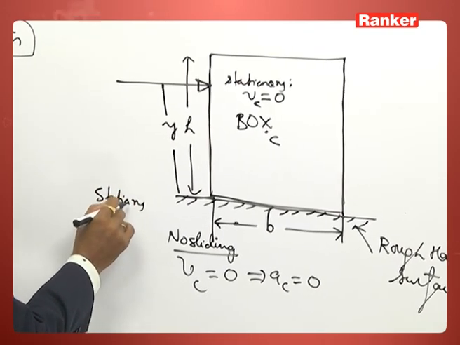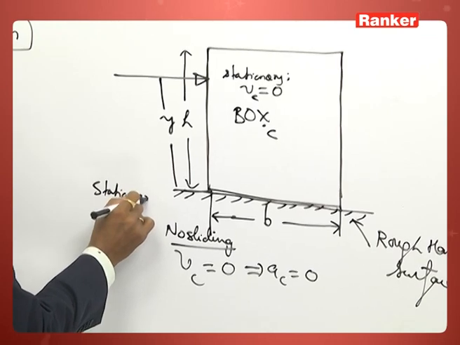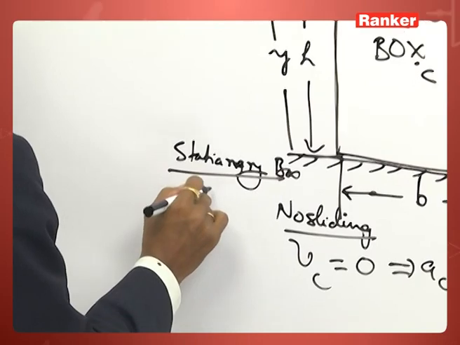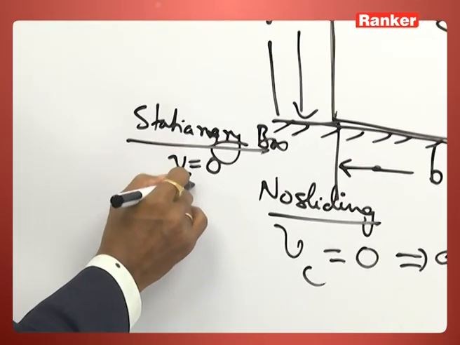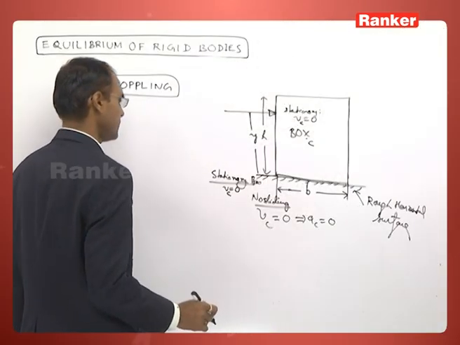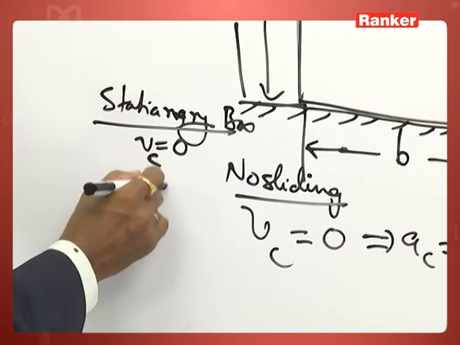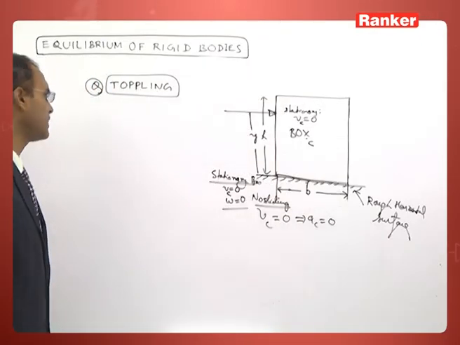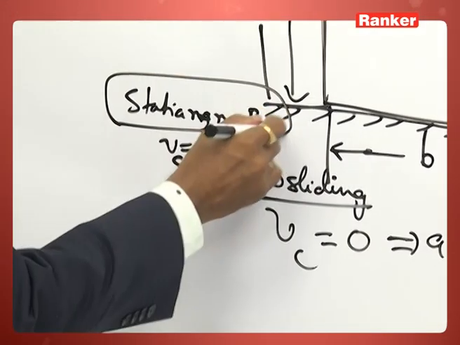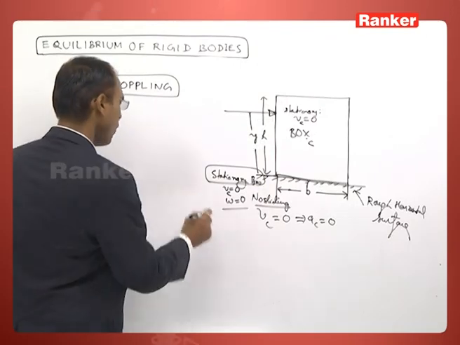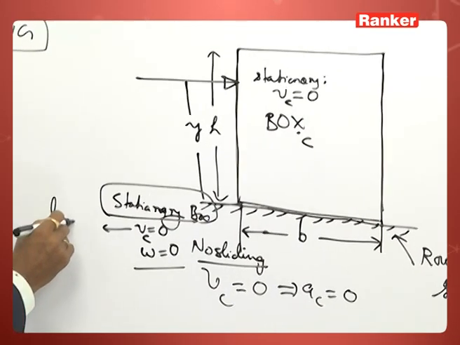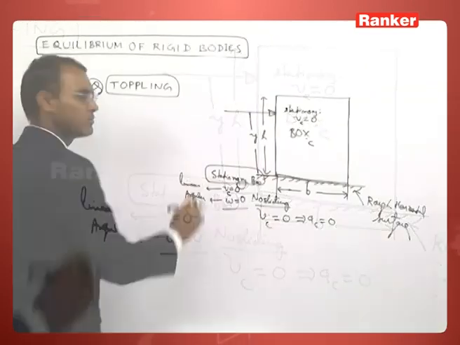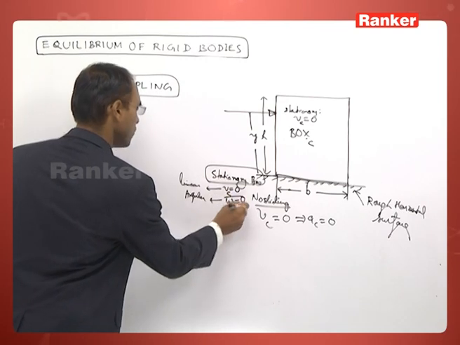For the stationary box, velocity of the center of mass is 0 and angular velocity of the box also will be equal to 0. Then only you can say the box is stationary, motionless. No linear motion, no angular motion. We say v is 0, omega is 0.